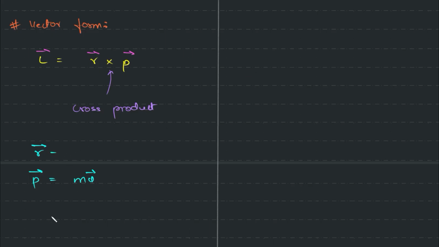This can also be written as m times r cross v. So this is also okay.